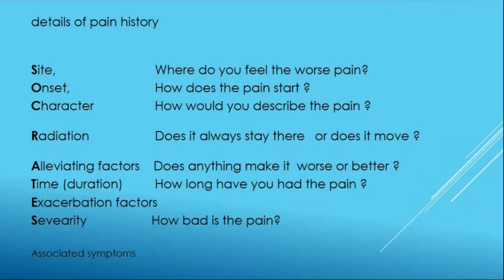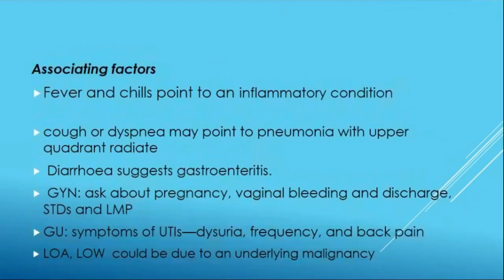That means anything that makes the patient's condition worse or better, the time, and exacerbating factors, and the severity. And for medical students, this is one of the famous ways to assess the patient, right? The associated factors are very important.